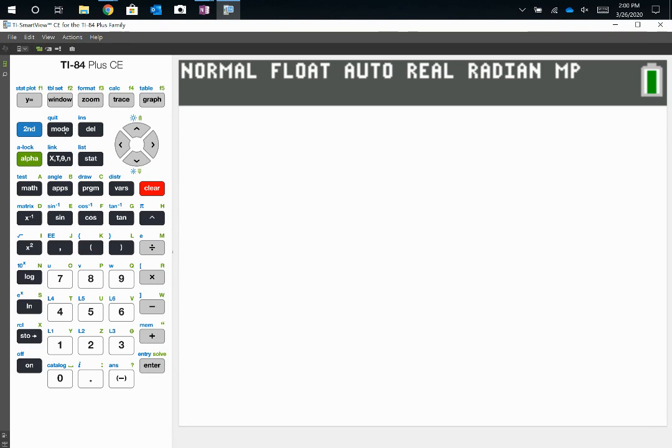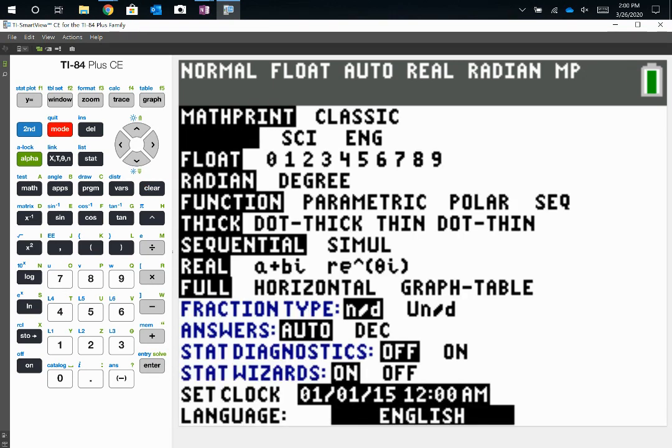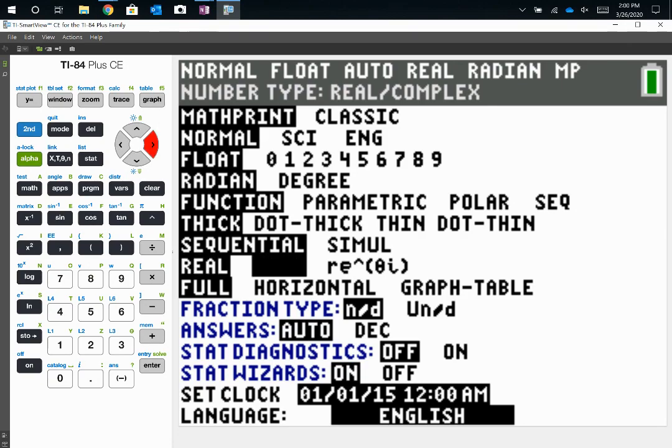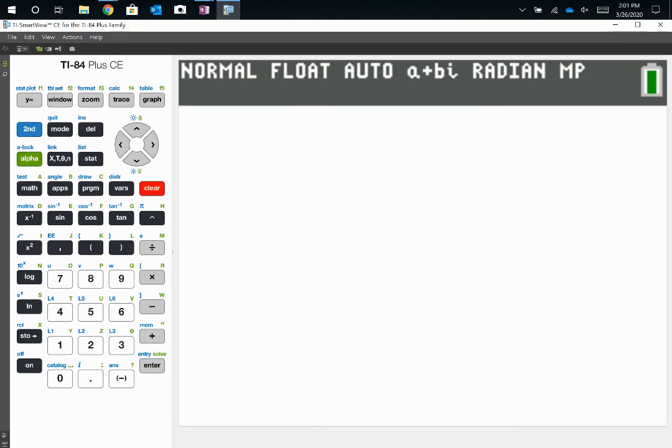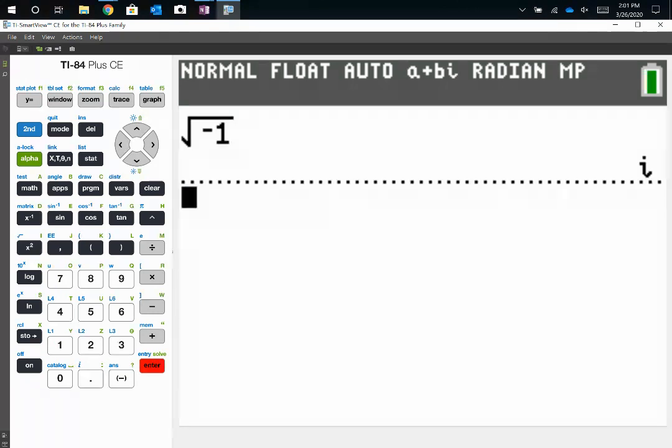You would have to press the mode button, scroll down to where it says real, move over to a plus bi, and press enter. Clear. And the calculator is now in the complex number mode. So if I were to take the square root of negative 1, I would see i.